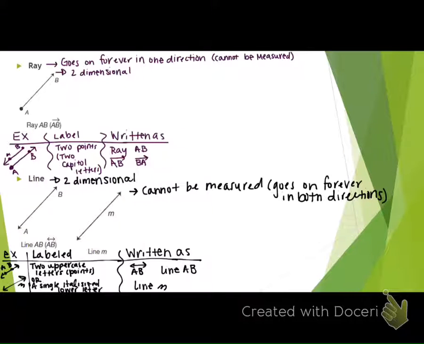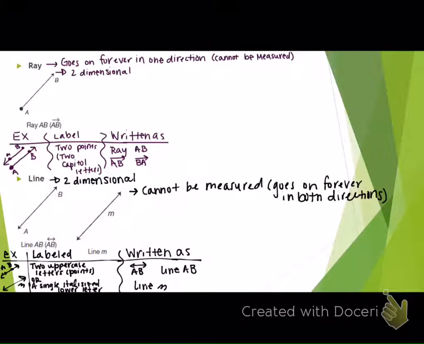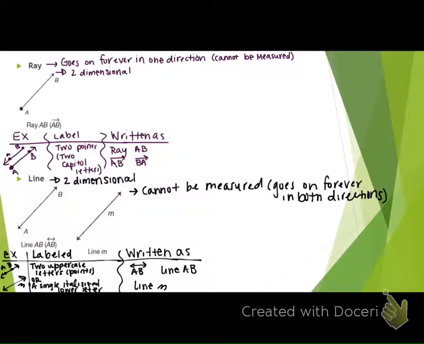Some of you will be really good with this stuff, but if you're not good at remembering what words mean, you might want to make flashcards that have the examples drawn on them and what they mean, so that when you see it on a test and it says to label the point, you know exactly what to do. Or if it says, is this a line segment, a line, or a ray, you know what that means. Because of the amount of definitions in geometry, you might want to find a way to study, like making flashcards. I know there are sites online that also make those things.